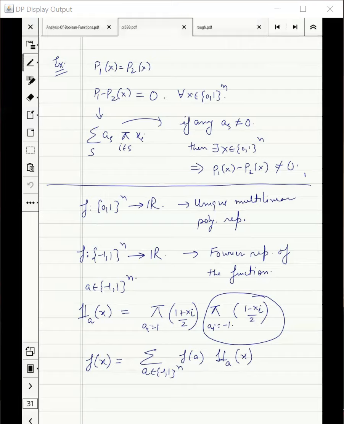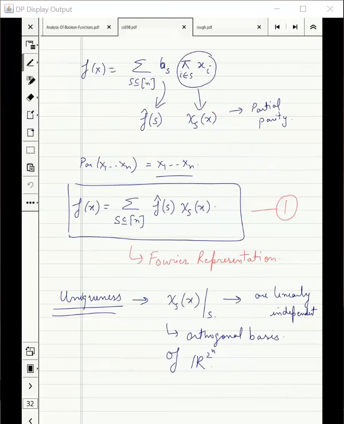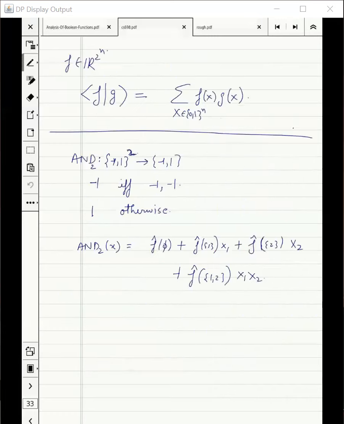And let me take an example of that, right? Let's try and write out this AND function. The way I did with the indicators, let's write. Okay, let's do it together. Help me out here. So what is the function value when input is 1, 1?